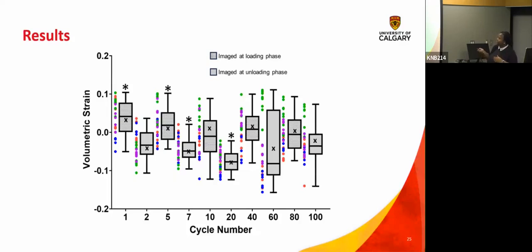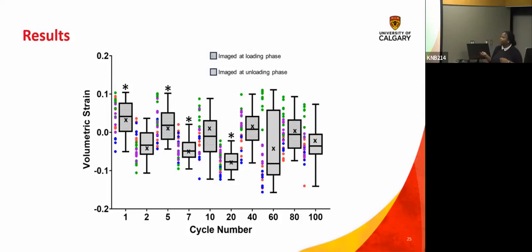And then we saw that recovery. If you look at the X, again, the line is the median and the X is the mean. So we still saw the volume recovery up until the 100 cycles, which was comforting for me because it showed that the results were reproducible.